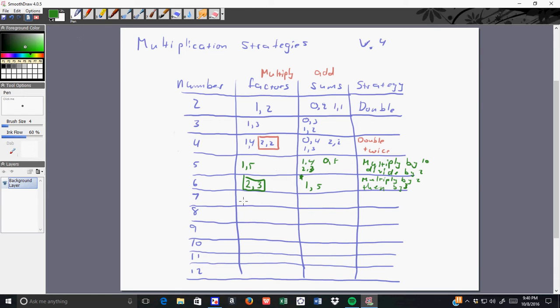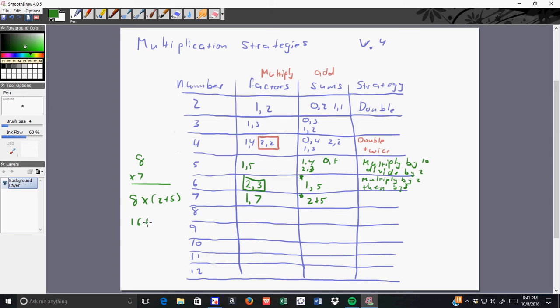The strategy for 7, because 7 is prime, so 7 doesn't really help me out too much. But my strategy for 7 is this. I know that 7 is really 2 plus 5. And so this strategy can be applied for the 6 as well. If I had 8 times 7, once again, I'm not really sure what 8 times 7 is, but since I know that 7 is really 2 plus 5, I can say, well, what's 8 times 2?